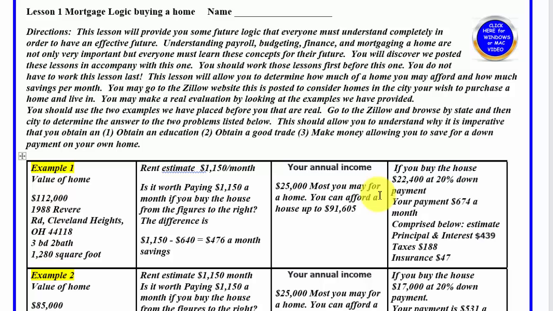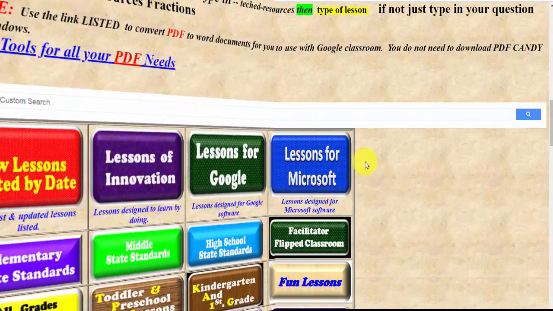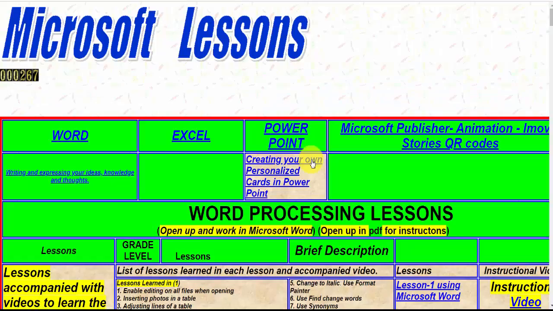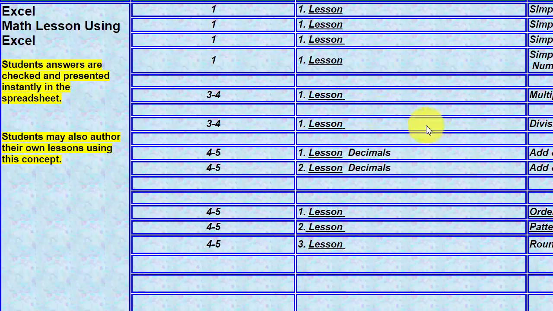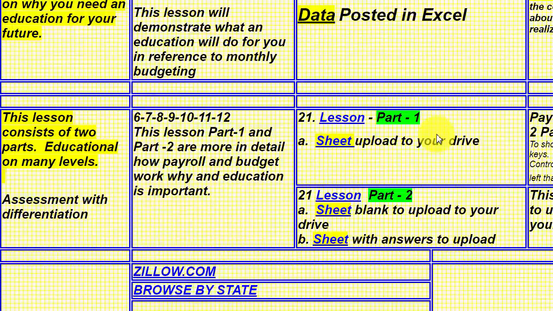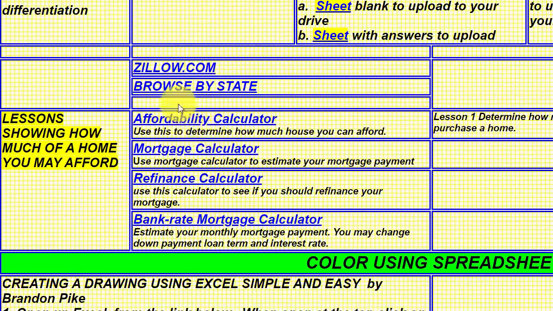Now, we provided for you on the website some links. I'm going to show you those in a second, and we'll also go to one of these houses and show you what we're talking about. Okay, I'm going to click on Lessons for Microsoft Excel, and I'm going to scroll down here and click on Browse by State.